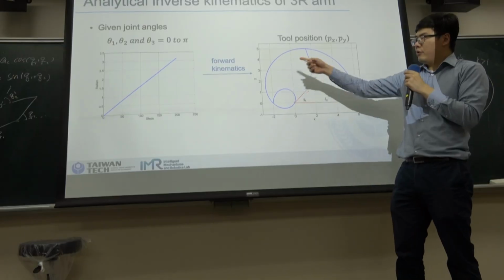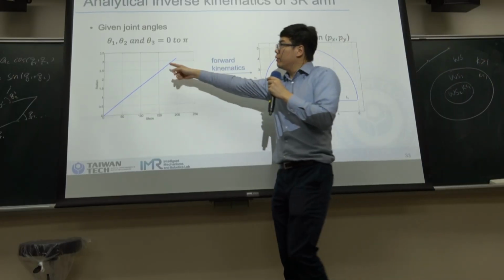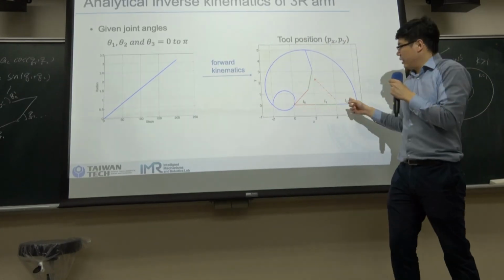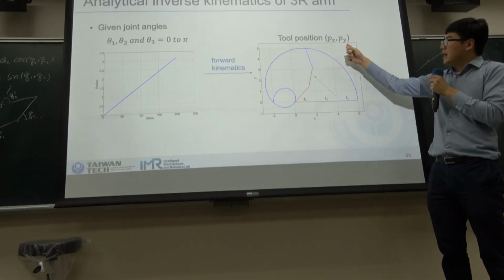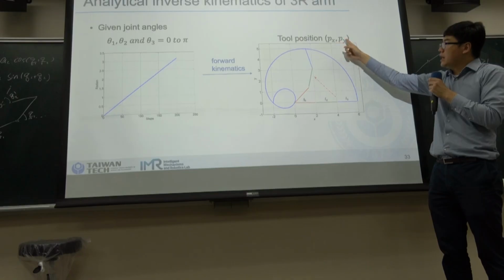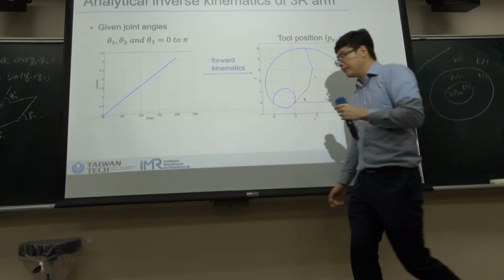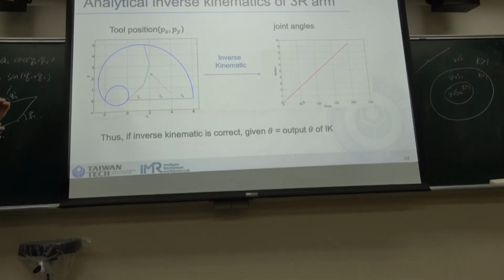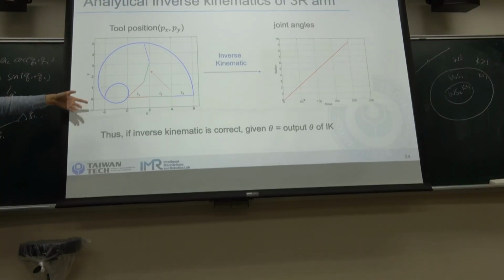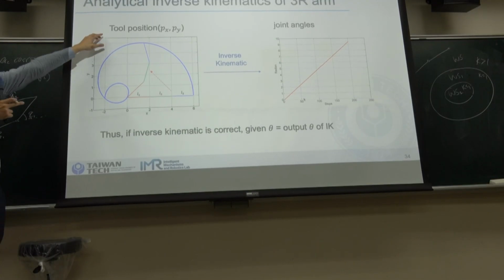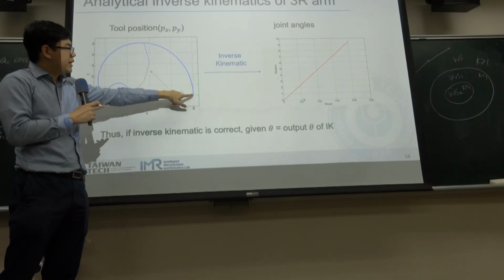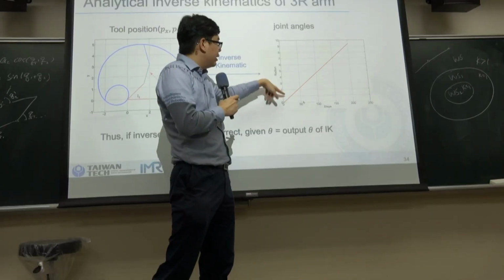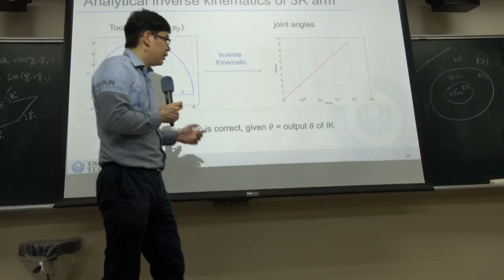This is through the forward kinematics, so we're transferring the theta values to the end effector px and py. And backwards, given the tool position px and py, through inverse kinematics, we can find the joint values.